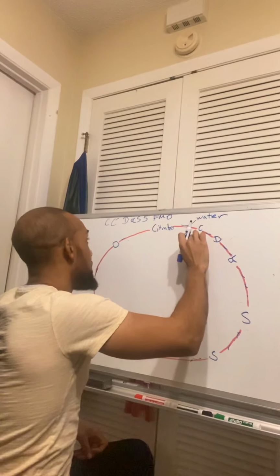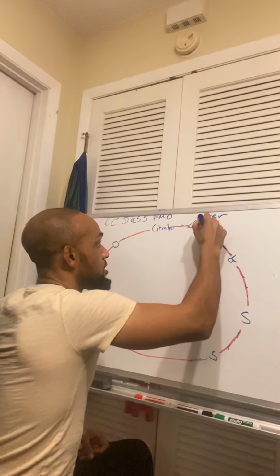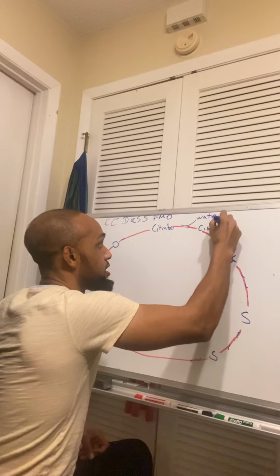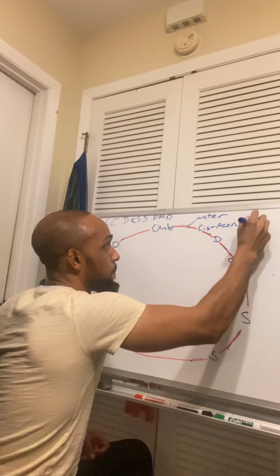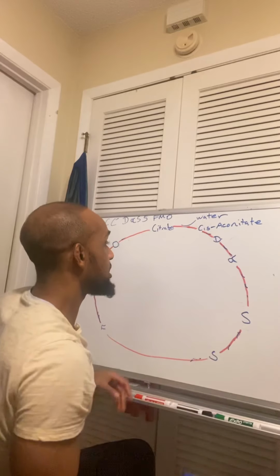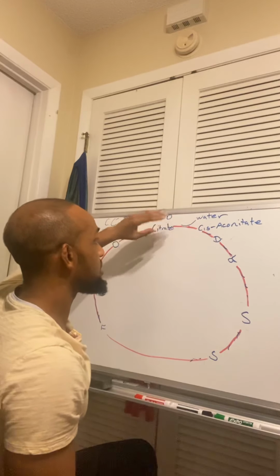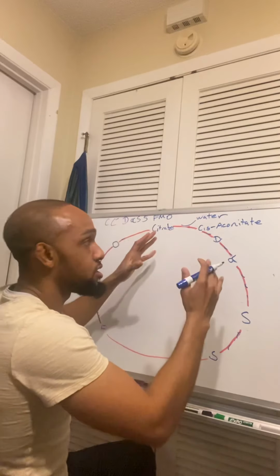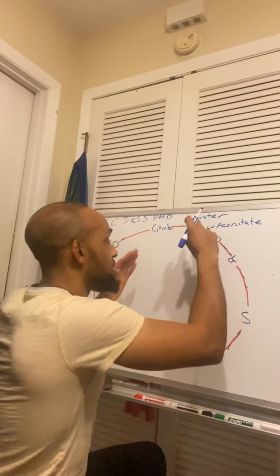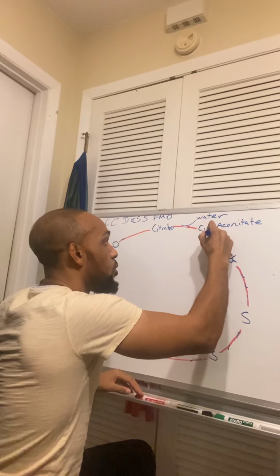Then we come on over to our second C, cis-aconitate. Now, cis-aconitate basically takes citrate and rearranges it and turns it into an isomer. After cis-aconitate does this, more water is yielded.